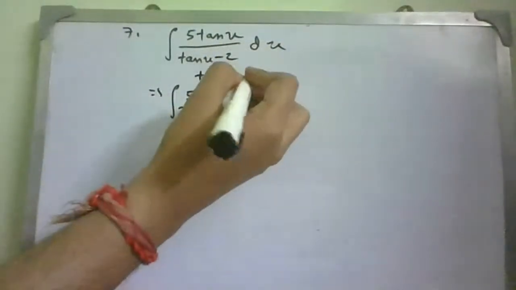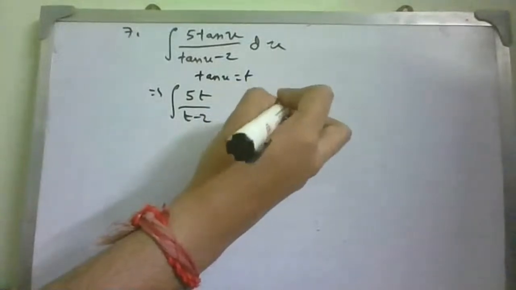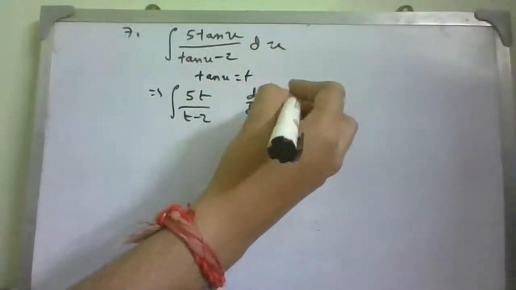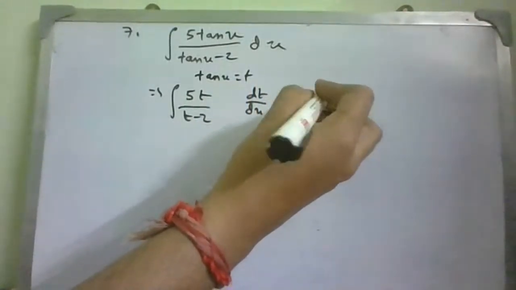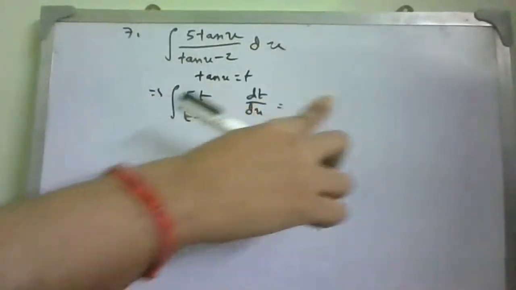Now what to do with this dx? Just differentiate both the sides. We'll see that dt over dx is nothing but 1 plus t squared. I'm sorry, I said root earlier, it is just 1 plus t squared.